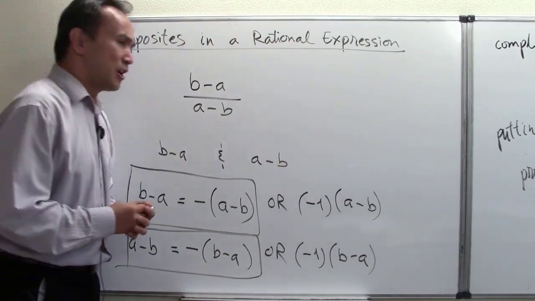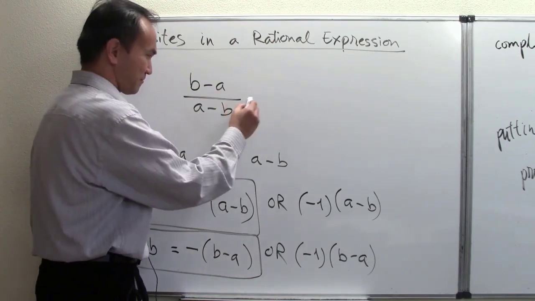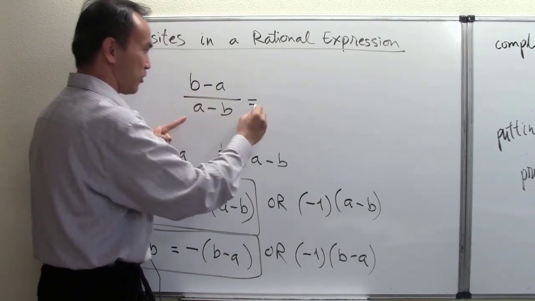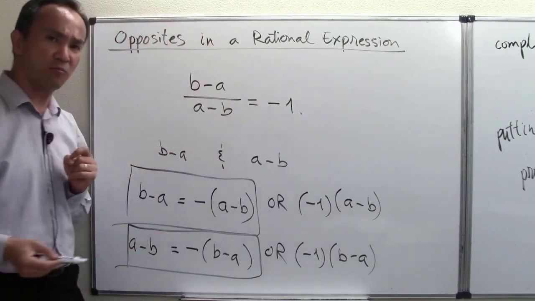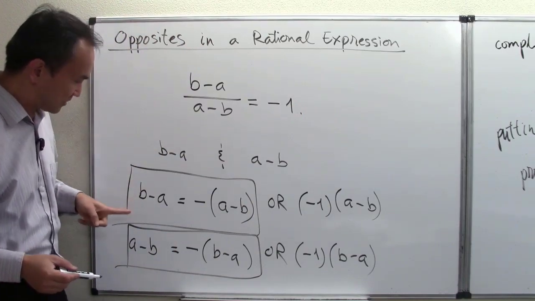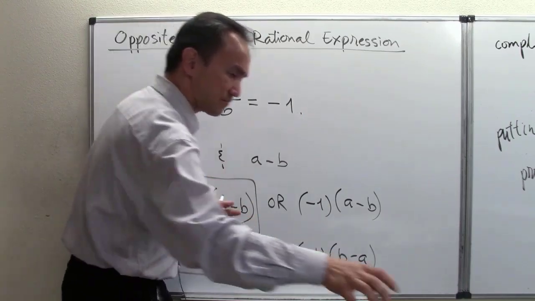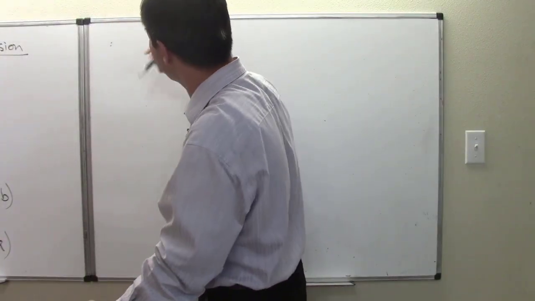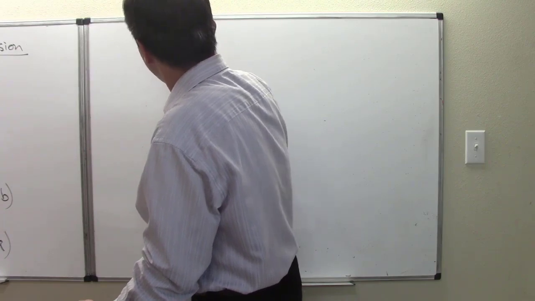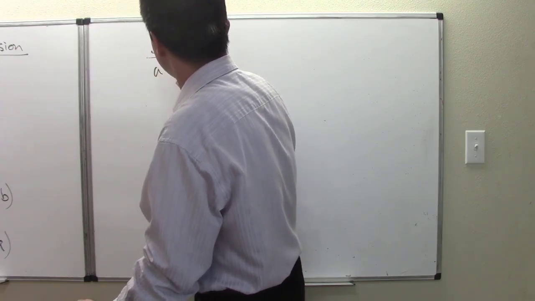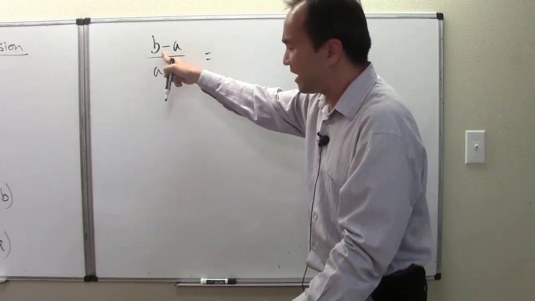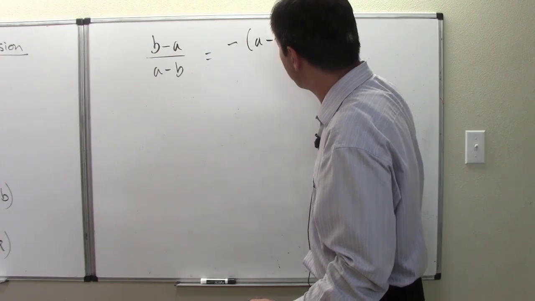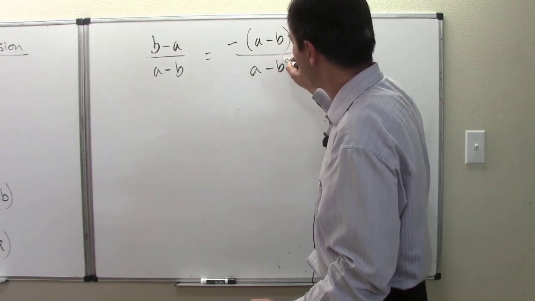Okay, so many textbooks tend to explain immediately that something like this, of course, makes sense to divide out and we get a negative 1. Easy to explain, because in what I have explained earlier, the reason why b minus a over a minus b equals negative 1 is simply because b minus a is the same as minus of a minus b, and then divided by a minus b.